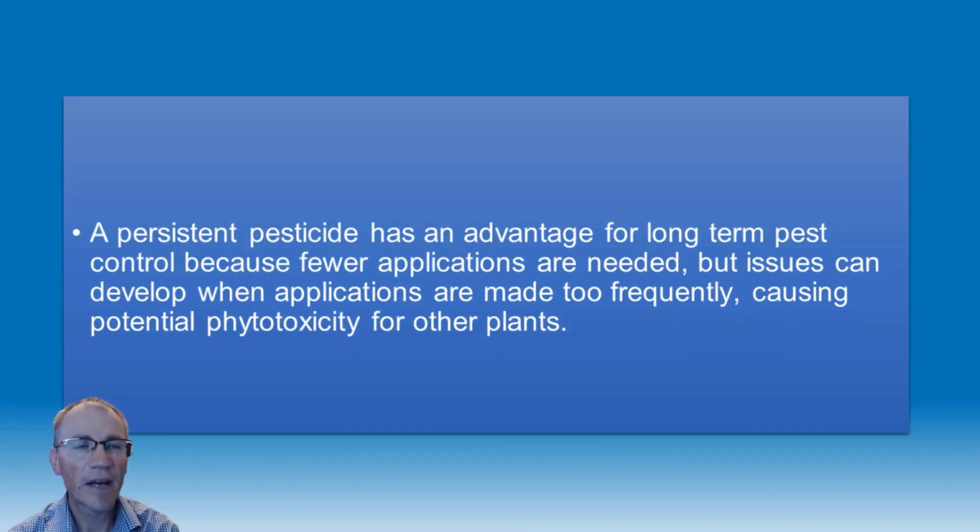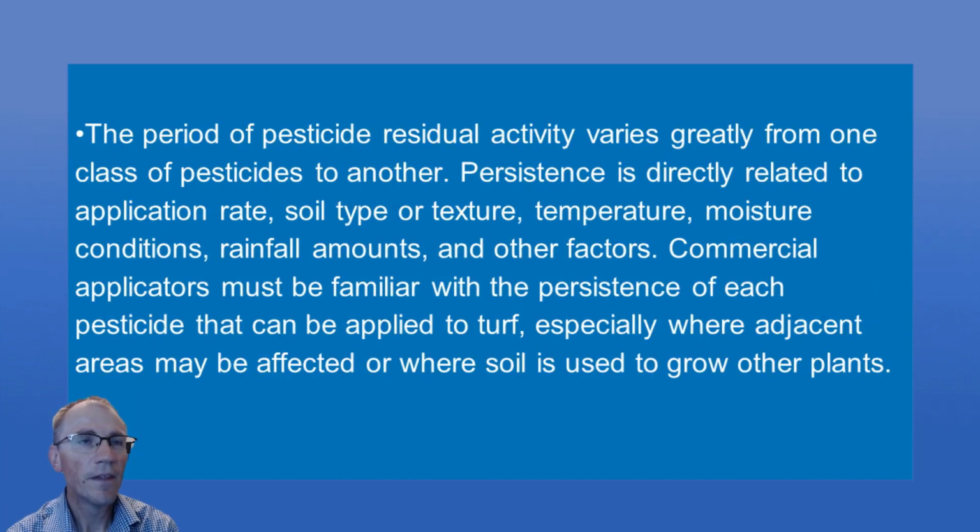A persistent pesticide has an advantage for long-term pest control because fewer applications are needed. But issues can develop when applications are made too frequently, causing potential phytotoxicity for other plants. The period of pesticide residual activity varies greatly from one class of pesticides to another.